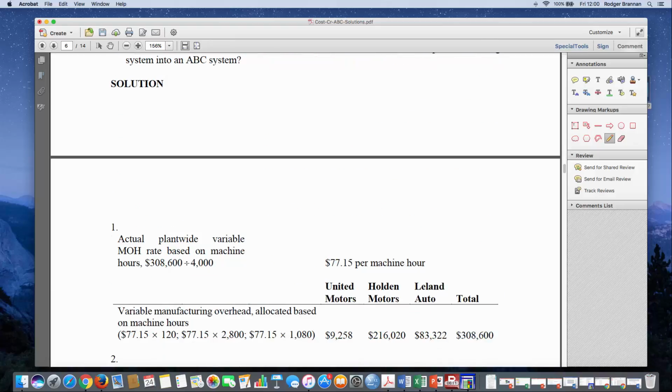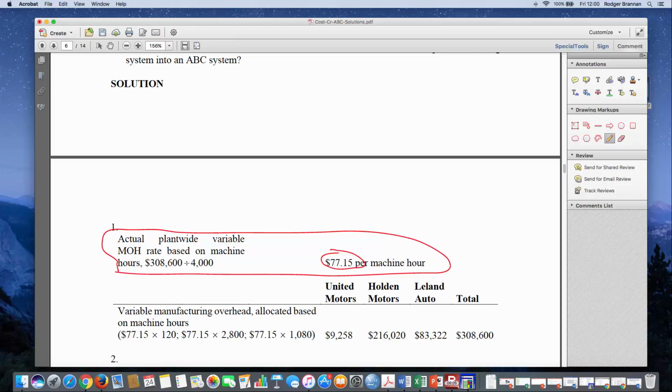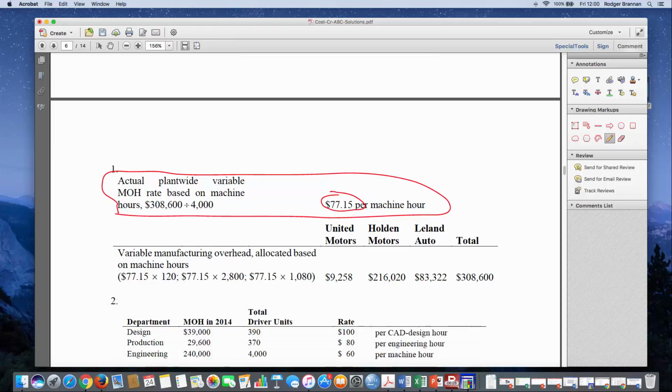So in terms of what they first ask you to do, just the peanut butter plant-wide approach, well, fine. Take the total overhead, divide it by, in this case, if they want it on machine hours, add them up as 4,000 hours. So you come up with 7715. So the application rate, if that's what I wanted, I would go back to the table we have. They've identified 120 machine hours there, 2,800, 1,080 here.